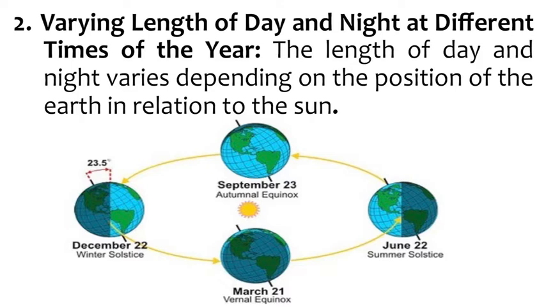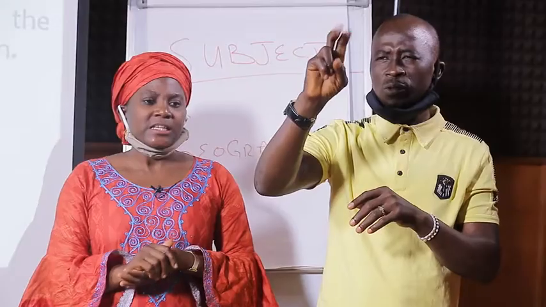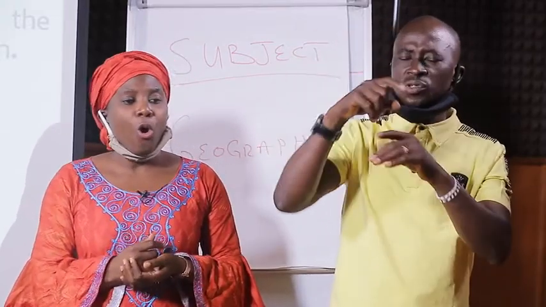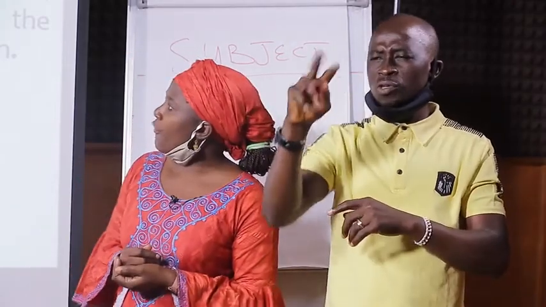But during December 22nd and June 22nd, we have what we call solstice. We have 2 types of solstice, the winter solstice and the summer solstice. That is because the sun is either overhead at the Tropic of Cancer or at the Tropic of Capricorn.